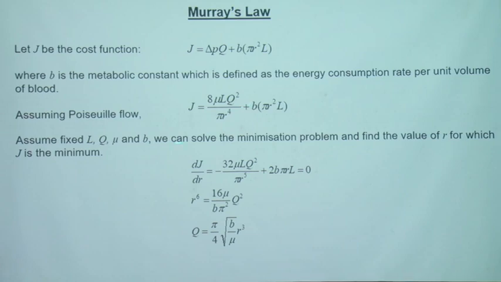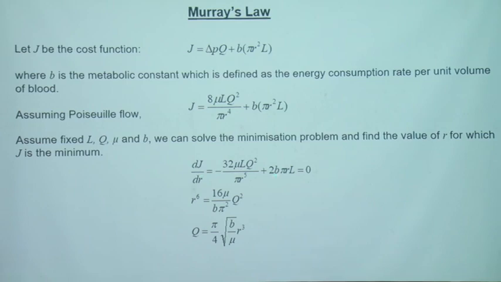So here, we're going to solve the minimization problem of this function. The assumption is that the length of the pipe is fixed, the volumetric flow rate is fixed, and viscosity and the metabolic constant are also constant. Then we can differentiate with respect to the radius r, and that's how mathematically each step works. So this is the differentiation of this equation.